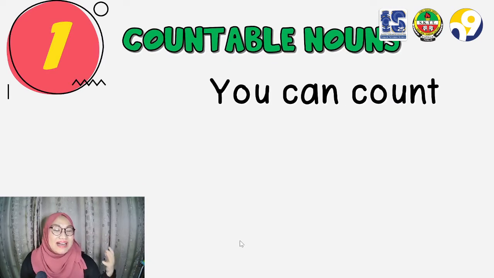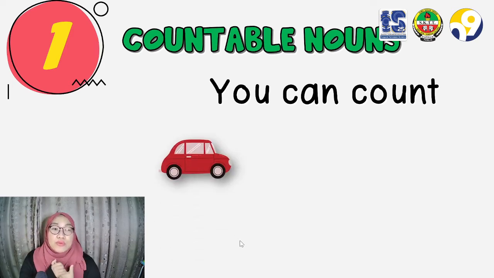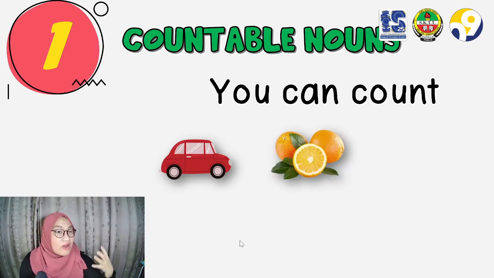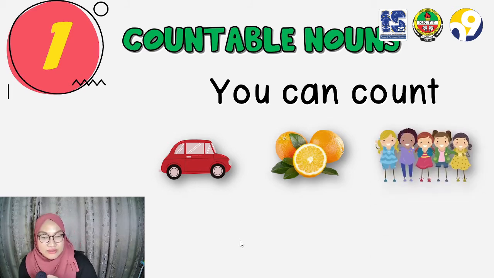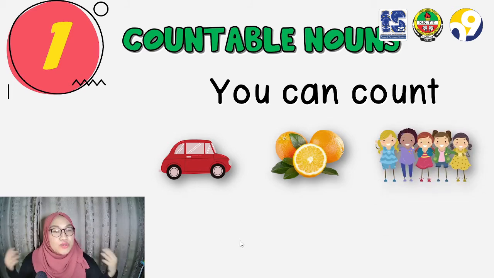Countable nouns are things that you can count. Adalah benda yang kamu boleh kira. For example, a car. And then orange, or in this picture, oranges. And then also like students, pupils, children. Those are what we call countable nouns. Orang or objek yang kamu boleh kira.